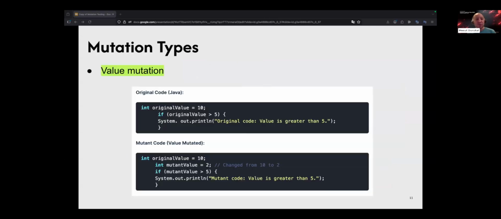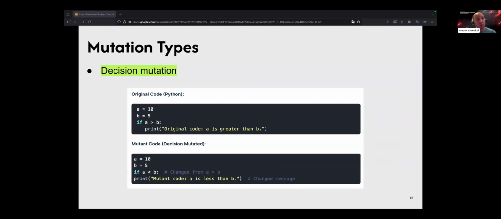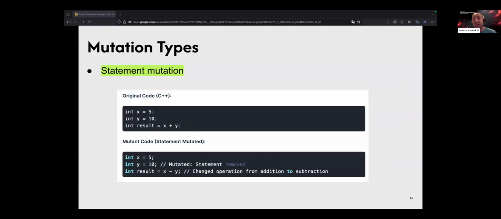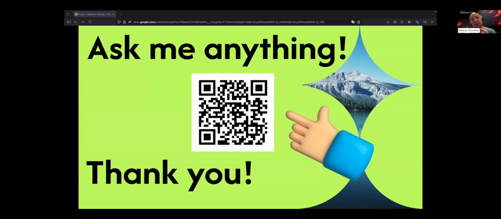There are different mutation types, like value mutation. It can change the values, or it can change the decision algorithms, or it can change the statements, like sometimes changing the operator or the parameters, and trying to see if tests are capable of finding the issues or not. So in short, mutation testing is trying to find the strength of your tests.